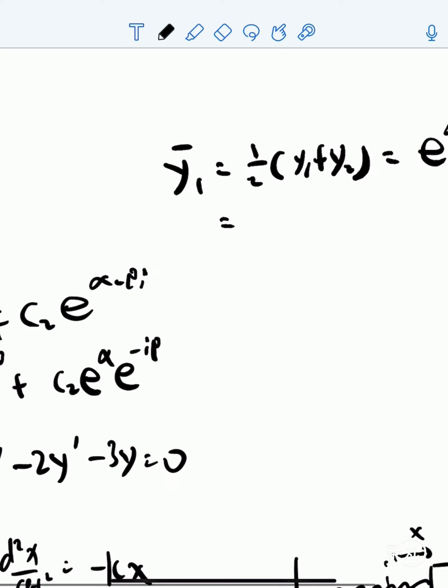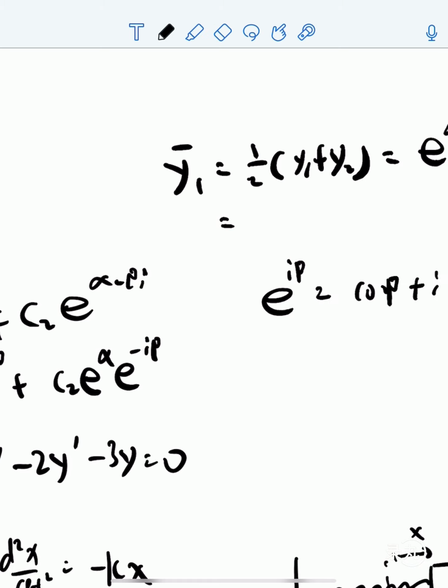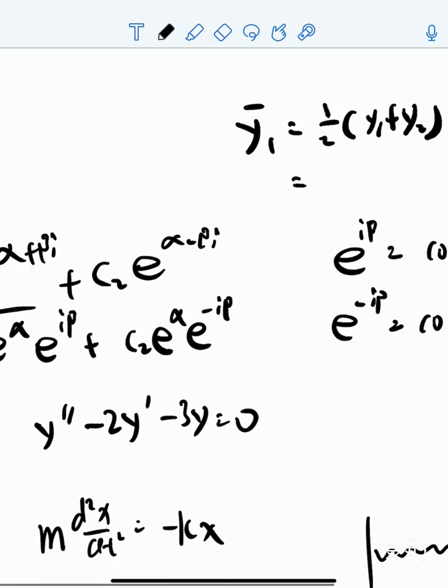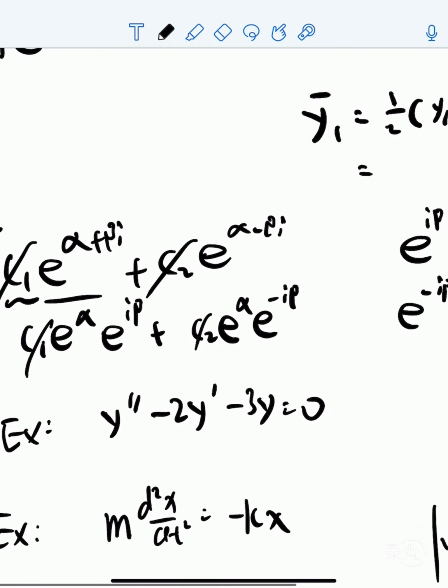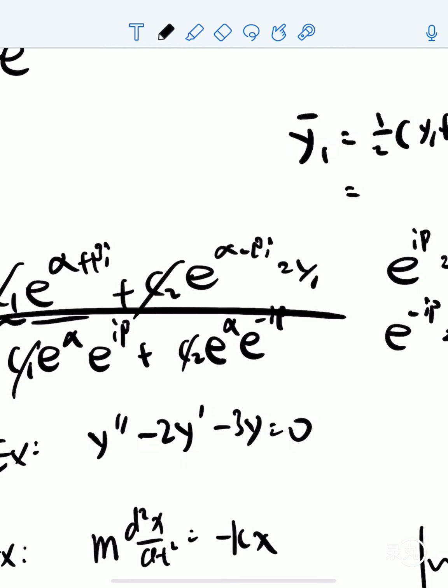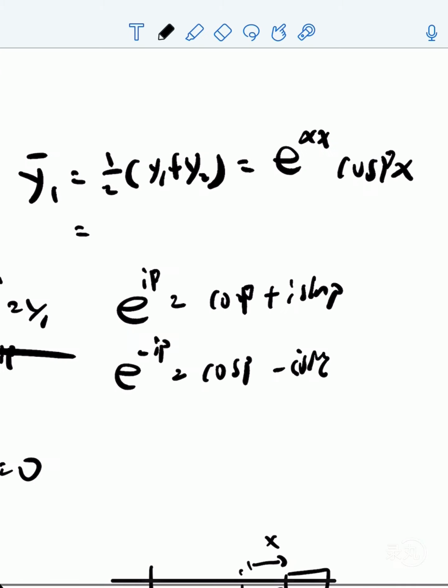Oh wait, I need to tell you guys about something. e^(i beta) is equal to cosine beta plus i sine beta, and e^(minus i beta) is equal to cosine beta minus i sine beta. For this case, we ignore c1 and c2 for now. So this is equal to y1 and this is equal to y2.